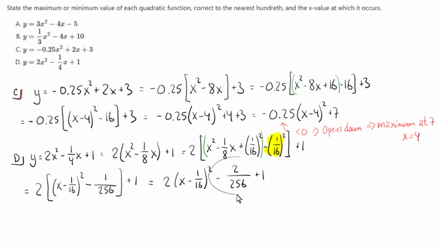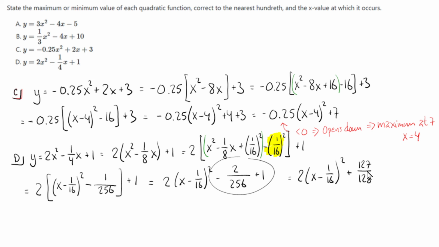We combine the last two terms here, the numerical constants, and we're going to get 2 times x minus 1 over 16 squared plus 127 over 128. Now they want the answer to nearest hundredth, so actually we are going to divide those numbers.